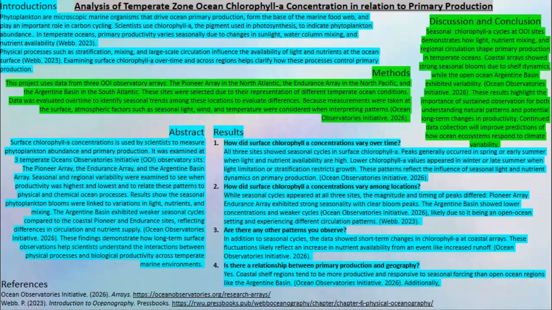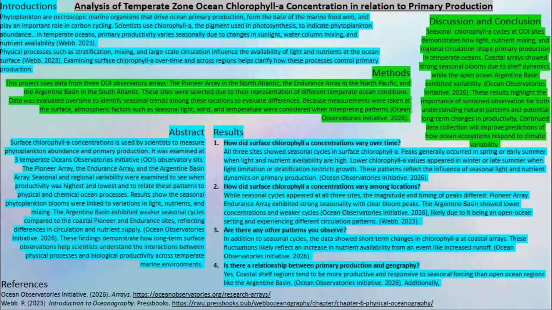Although all 3 sites showed seasonal cycles, the magnitude and strength of chlorophyll A concentrations differed among locations. The Pioneer and Endurance arrays exhibited higher chlorophyll A values and stronger seasonal blooms. Coastal shelf regions tend to be more productive because they receive greater nutrient input and experience more frequent mixing.